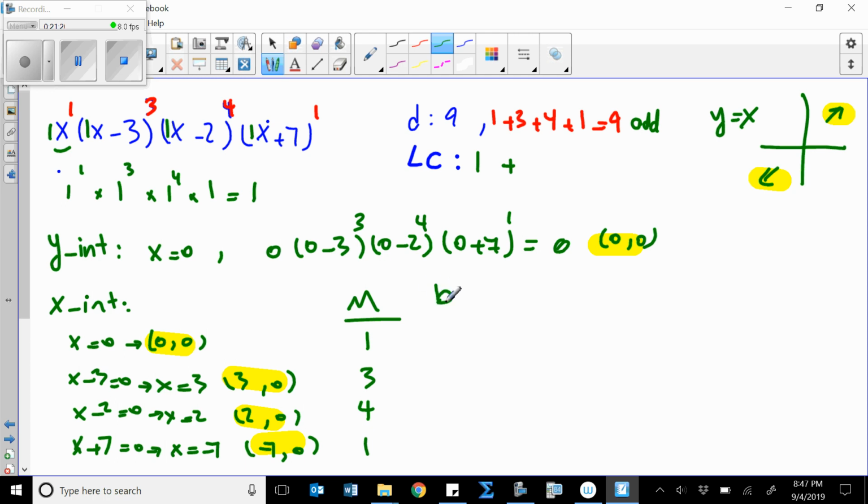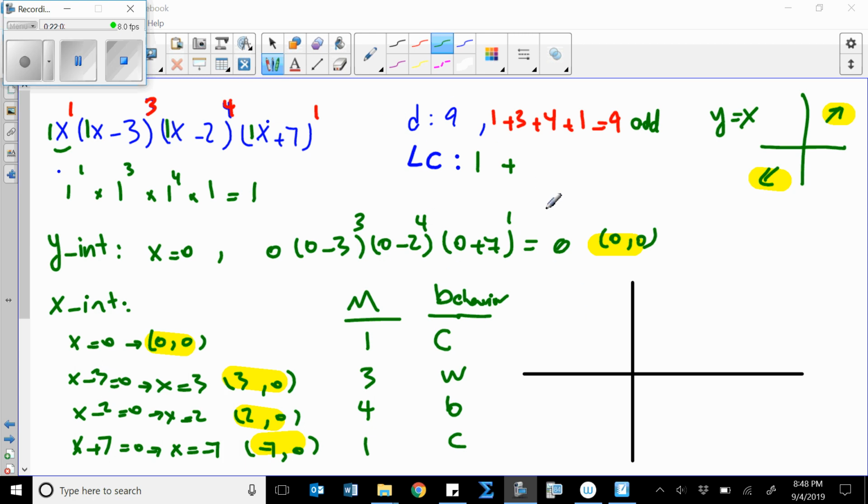Now the behavior of the function for each of them. We said if multiplicity is 1, your function is just crossing. I'm going to write it as just C. This means crossing. If it's an odd number, it will wiggle at this point. If it's even, it's bouncing. Again, if it's 1, it's crossing. So I have all the information that I need to be able to graph this function.